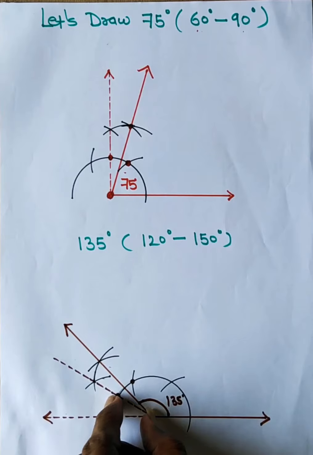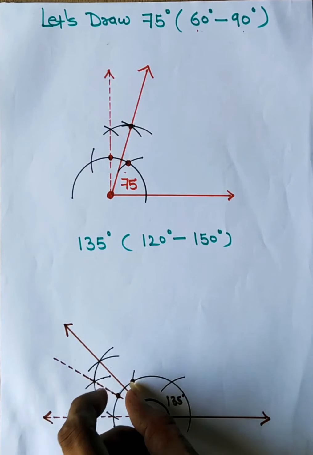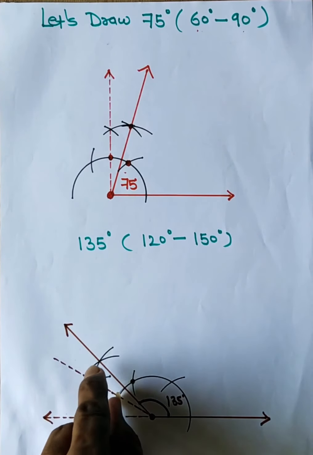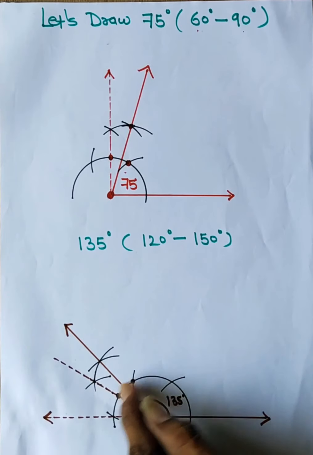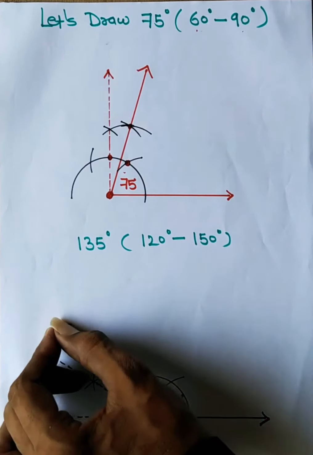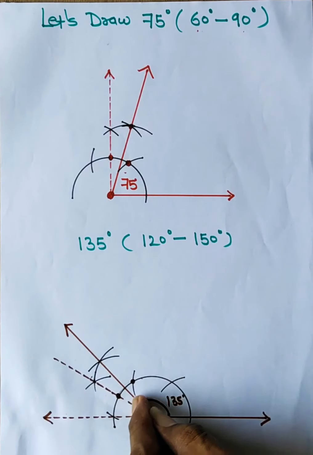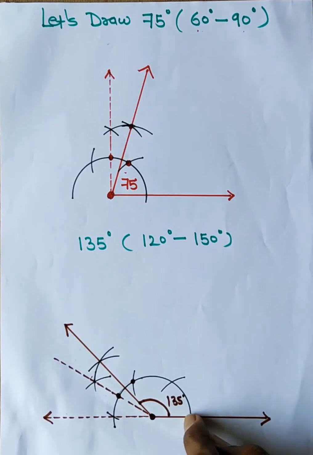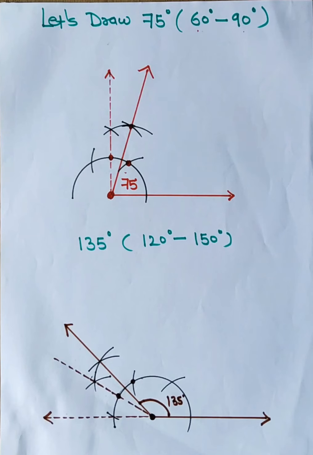Keeping the same arc, I drew another arc from 120 and 150. So exactly I got a point in between, and you draw a line segment or a ray, the angle which is formed is 135. Practice it 1, 2 or 3 times to make your figure very perfect.